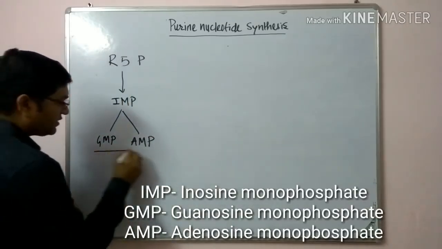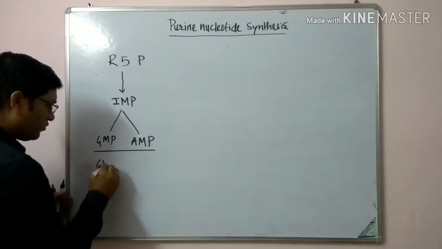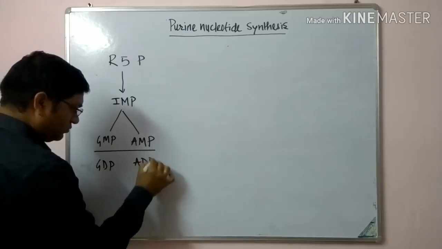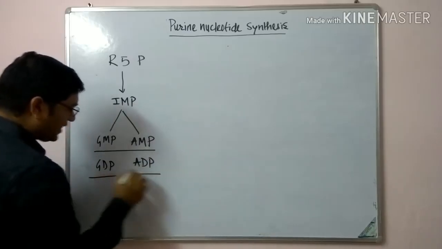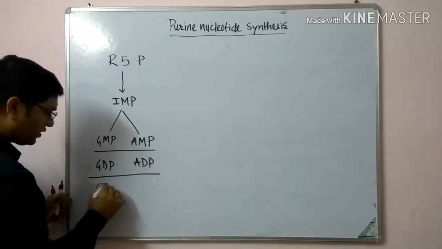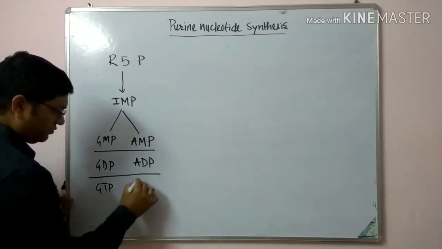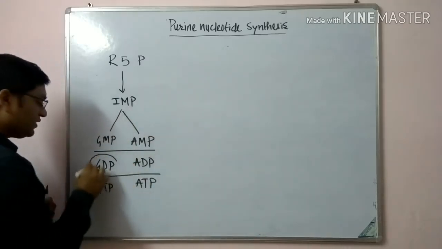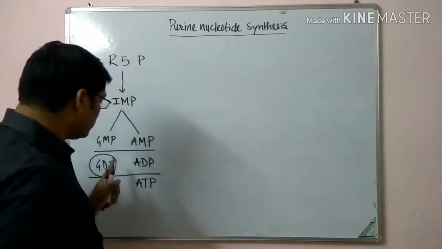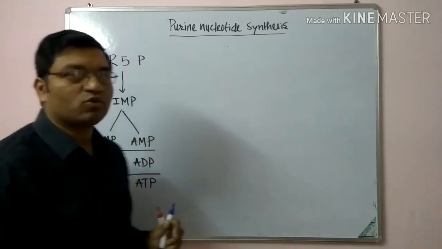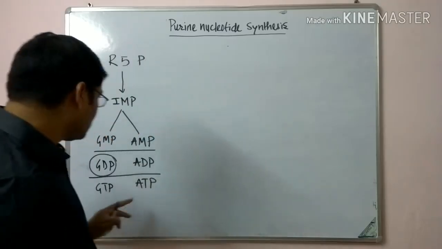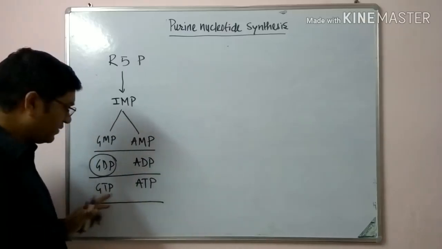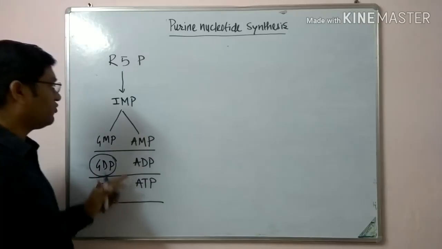These monophosphates are converted into diphosphates, and these diphosphates are converted into triphosphates. Also in the diphosphate, there is conversion of ribonucleotide into deoxyribonucleotide. So this is the overall synthesis of purines, that is guanosine triphosphate and adenosine triphosphate.